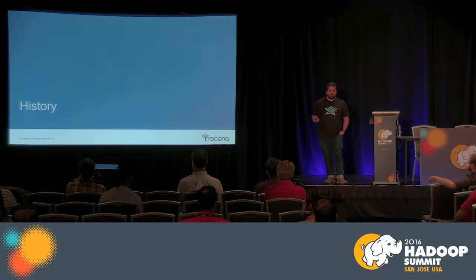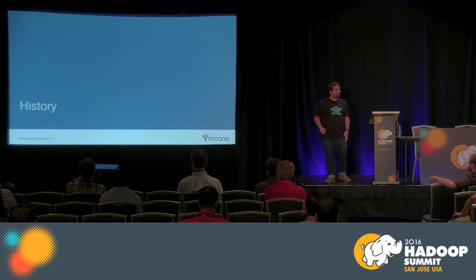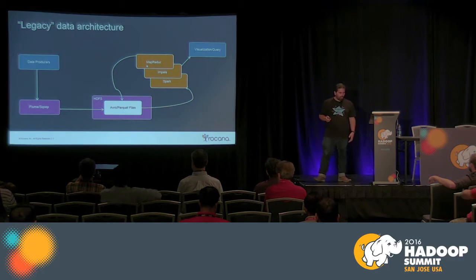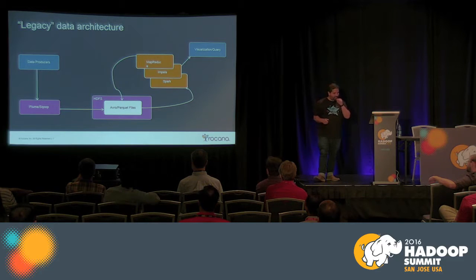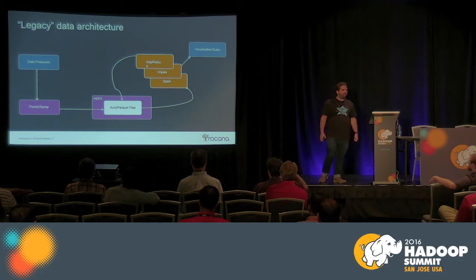So some history on stream processing and the kind of data architectures that we apply this to. This is what I call a legacy data architecture, which is really funny because this is not that old of a data architecture. A lot of people using Hadoop systems will have data producers. They could be databases or applications generating logs.